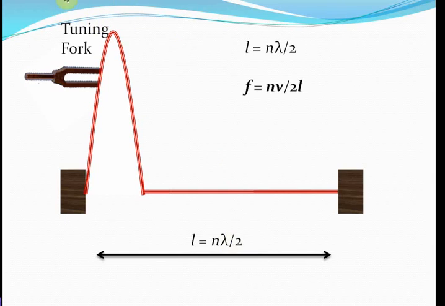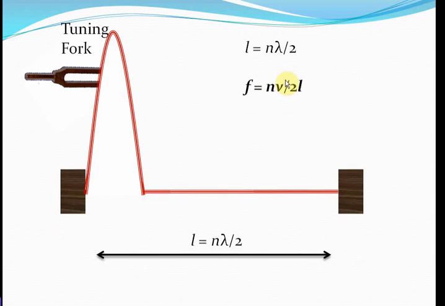And in that case, the frequency required by the tuning fork for this resonance will be f equal to nv by 2L. Because as you can see here, if L equal to n lambda by 2, then lambda produced by the tuning fork can be replaced by v by f. And when you take f on the left side, you get f equal to nv by 2L. Now, as you can see, this is the same frequency that we saw earlier.